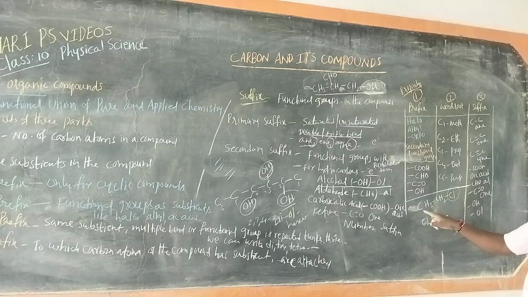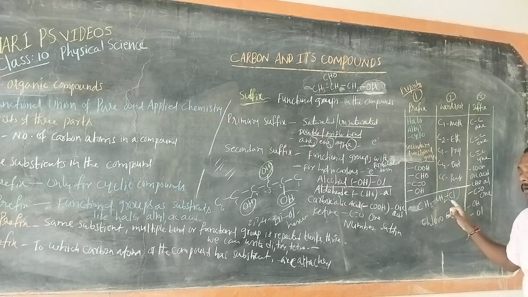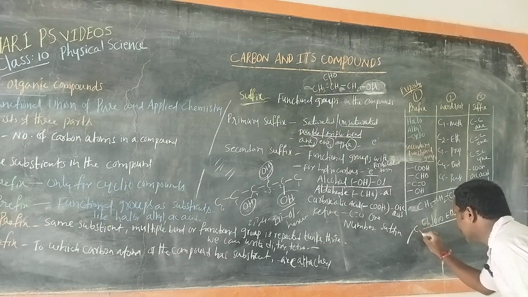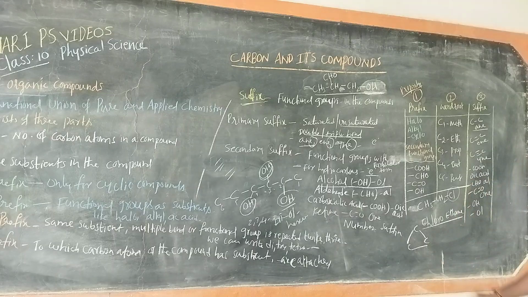Chloro, then word root. How many carbons? 2, which is eth. Between carbon and carbon, is it a single bond, double bond or triple bond? Single bond only, so we write ane. Its name is chloroethane.